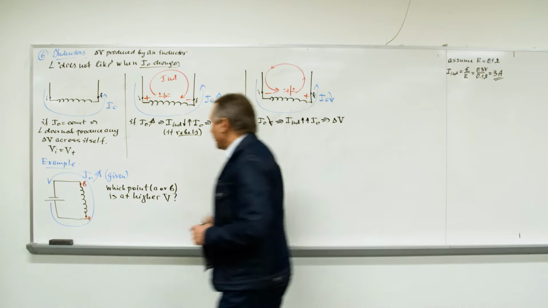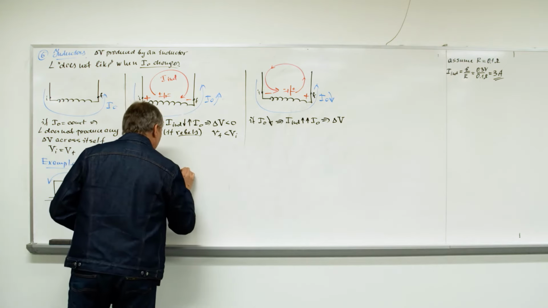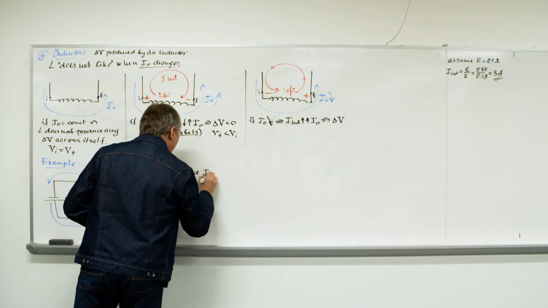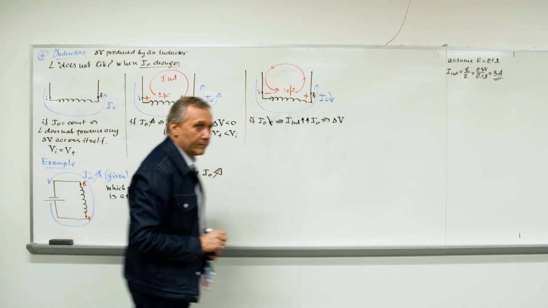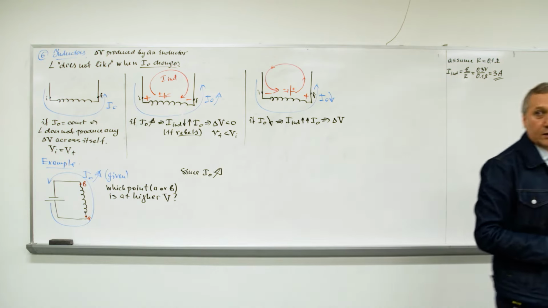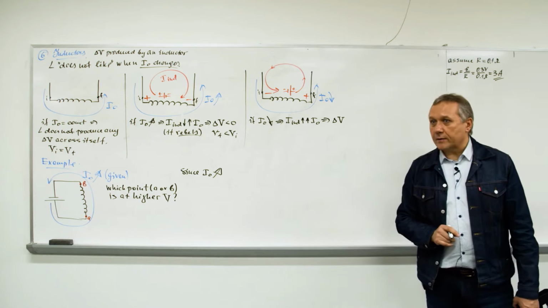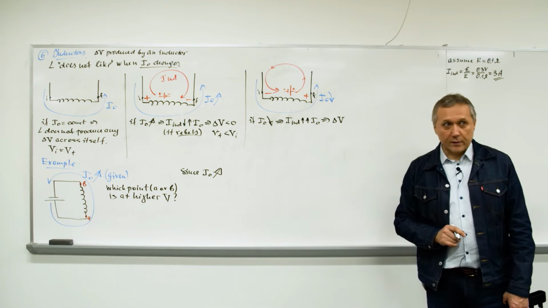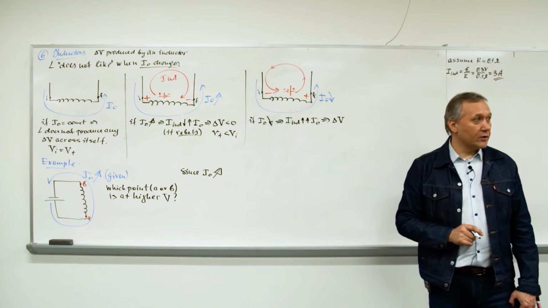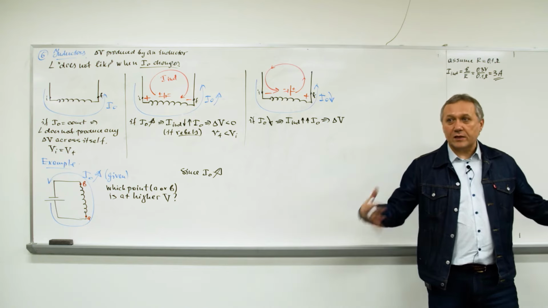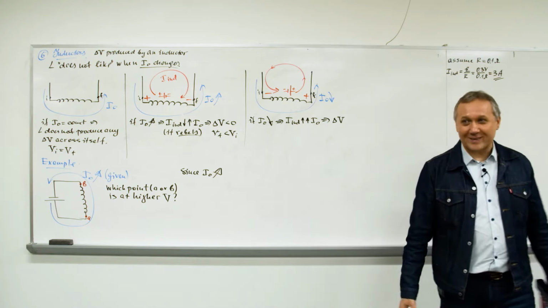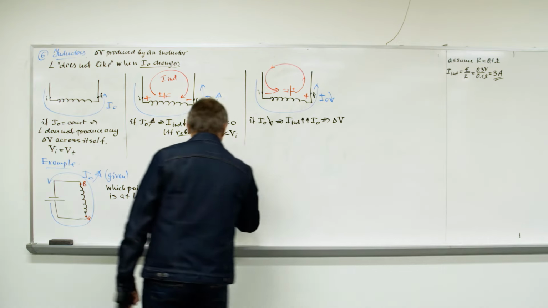So the original current is growing, it's given. What's the response of the inductor? It hates it, right? It rebels in this case. The original current is growing, so something must be done to suppress it. So it rebels.